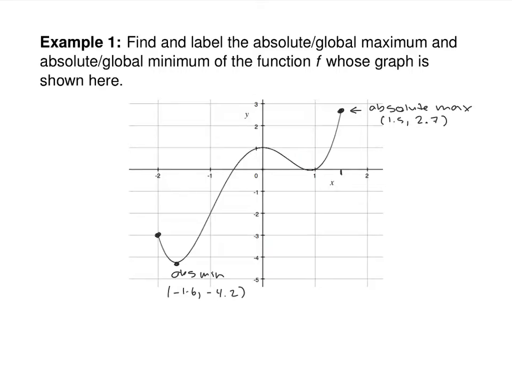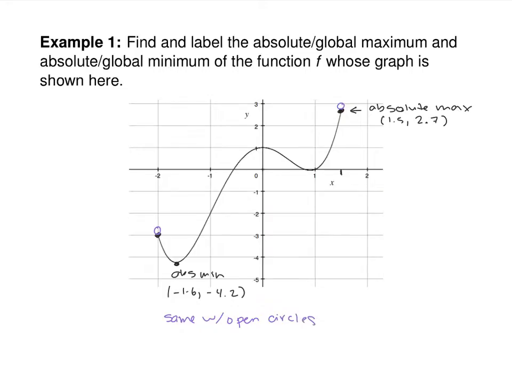Now, that's if I had those things as filled in circles, okay? It'd be good to talk about what if I had them as open circles. What if they'd been open? Does the absolute min change if they'd been open circles? No, the absolute min is the same with open circles.